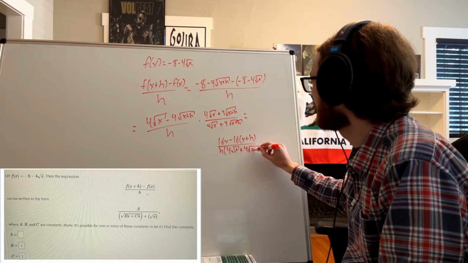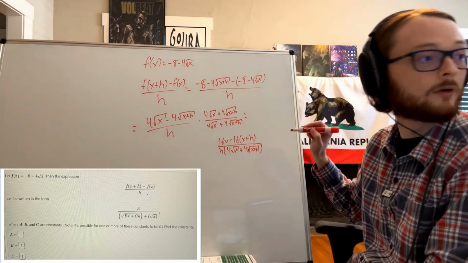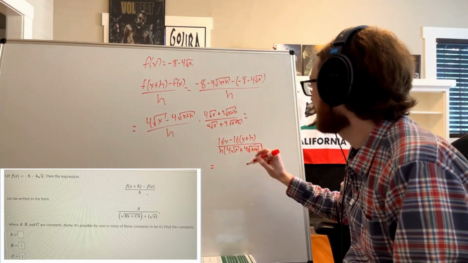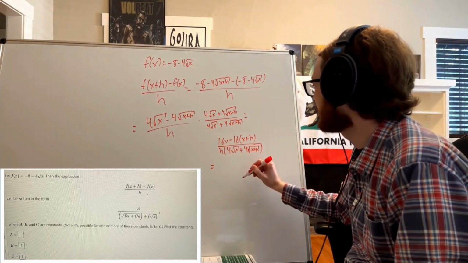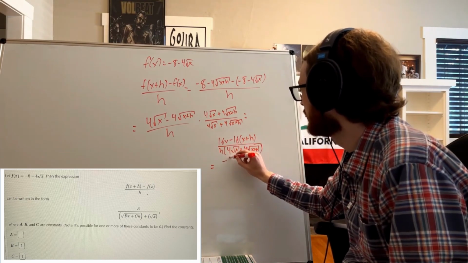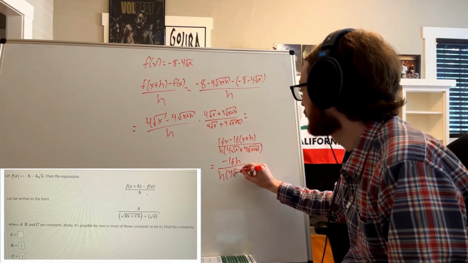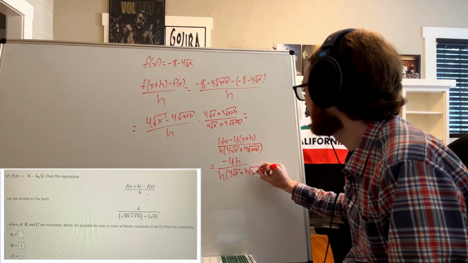It's 4 root x plus h. Close parentheses. Come down a line. So we get 16x minus 16x, so that's 0. We still have minus 16h over h, 4 root x plus 4 root x plus h.